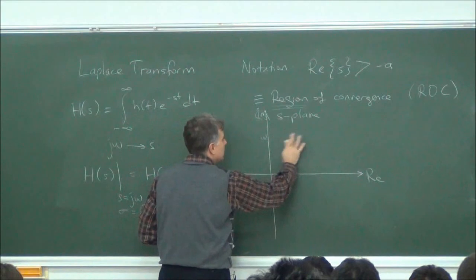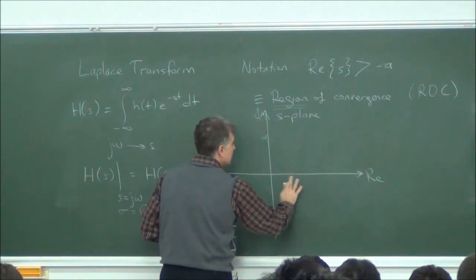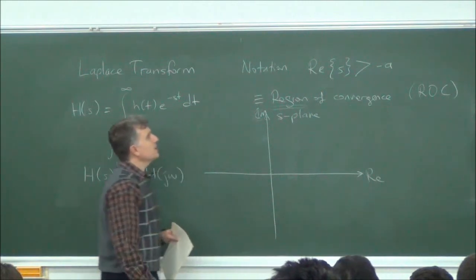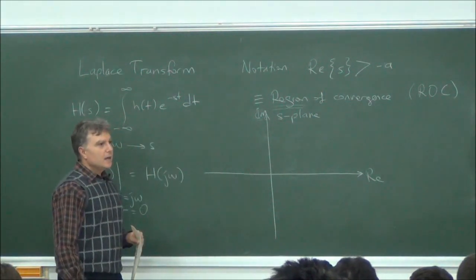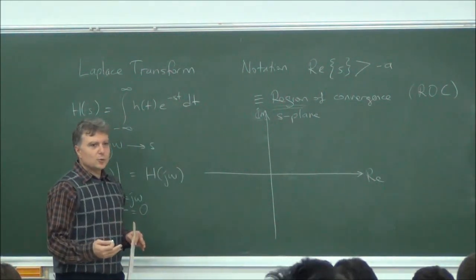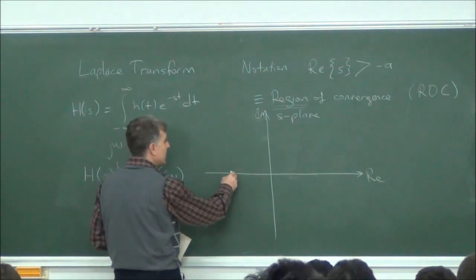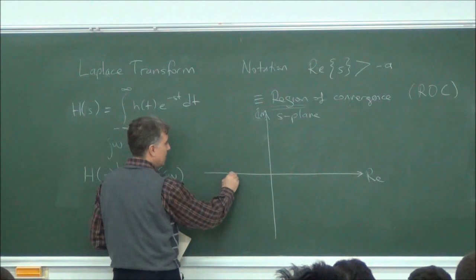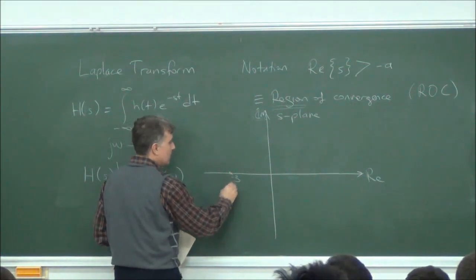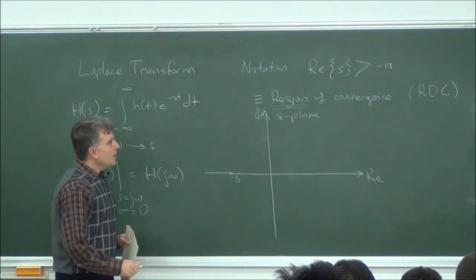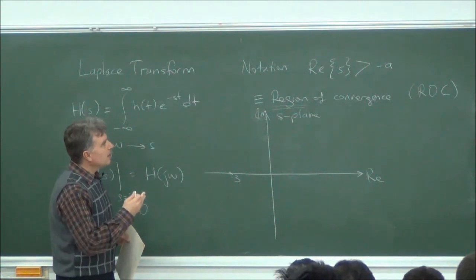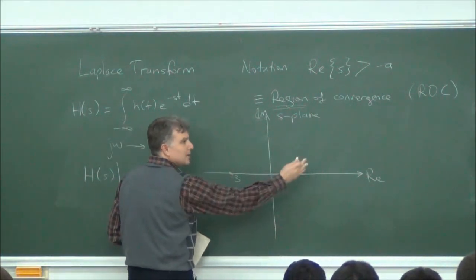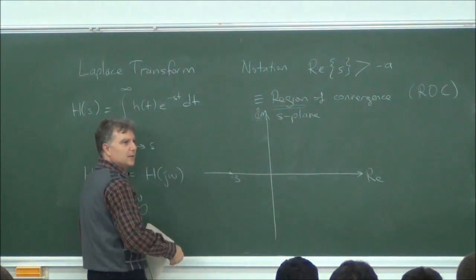Now let me briefly erase this and think of this real part of S is greater than minus a. So, again, suppose a is equal to 3, then minus a is some point here, minus 3. Okay, and we said that real part is greater than minus a. How are we going to draw it? It is only related with the real part, and the imaginary part is independent from that.